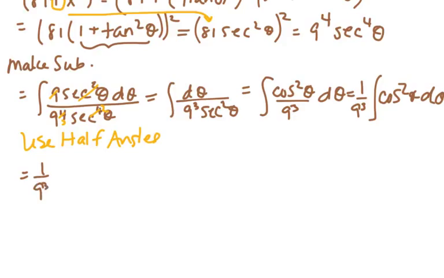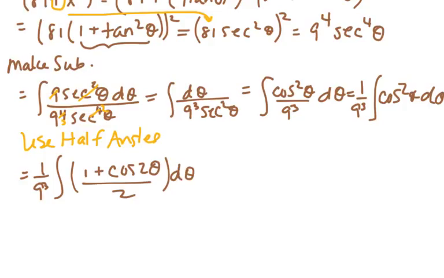So using half angles, I get 1 over 9 cubed, the integral of 1 plus cosine 2 theta over 2 d theta. I'm going to pull out the half here, so I'm going to pull out 1 over 9 cubed times 1/2.